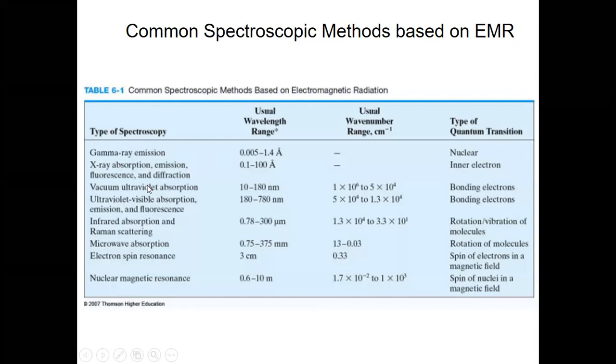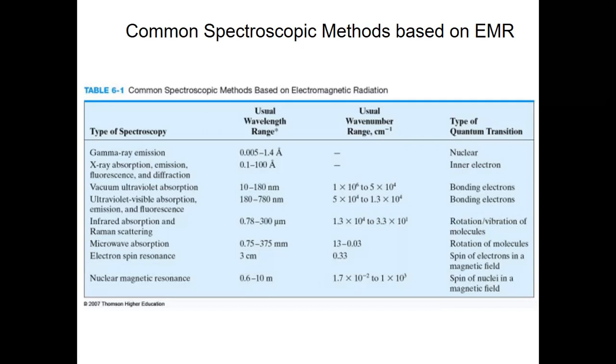And if we go away from the UV in the top part, from the UV we can have vacuum UV. In wavelength terms it is only the UV range. It is also associated with bonding electrons. And X-ray: X-ray absorption, emission, fluorescence, or diffraction. All are associated with inner electron transitions.